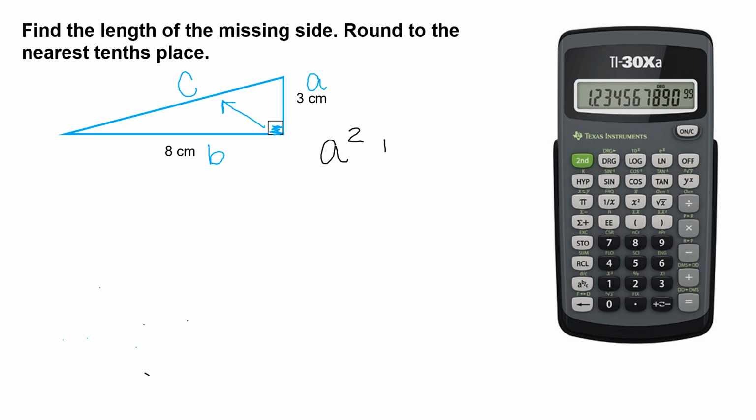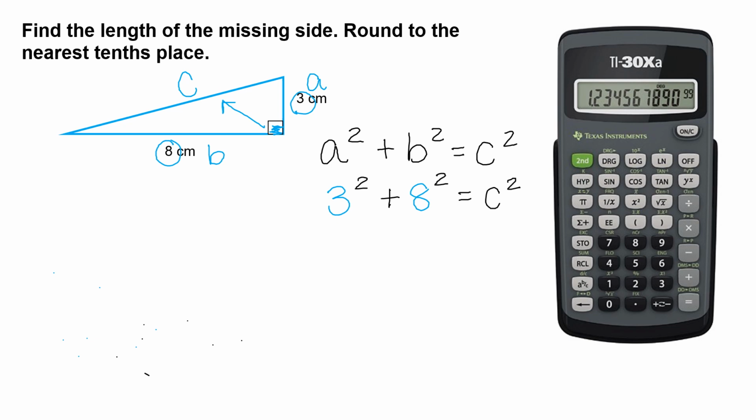A squared plus B squared equals C squared. So again, our A value is 3. So instead of A, we'll type in the number 3 to the second power plus our B value, 8, to the second power, and that will equal C squared.